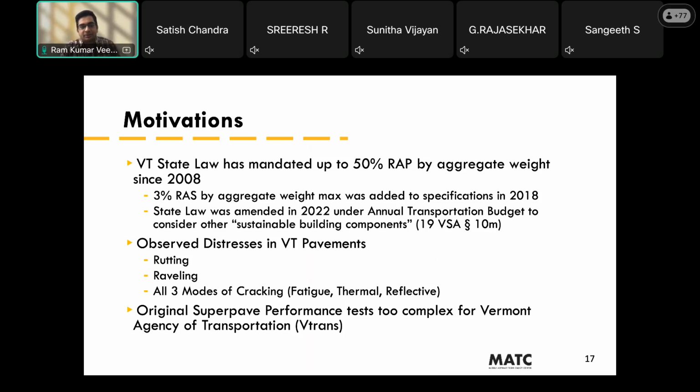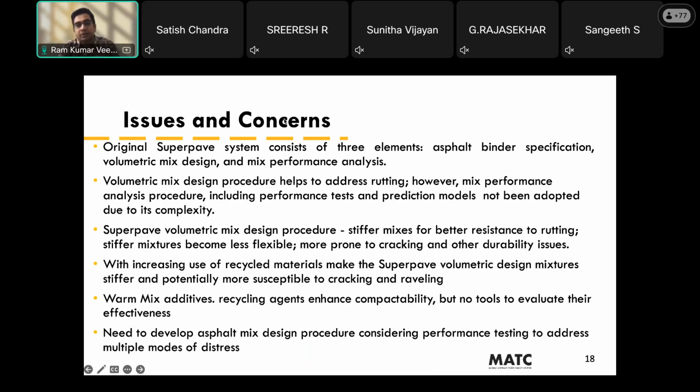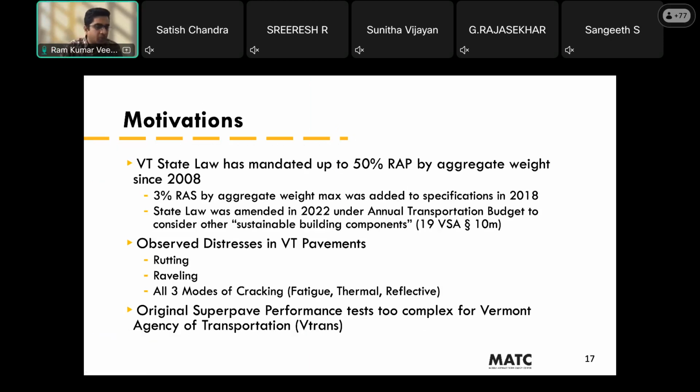So one of the reasons why VTrans was moving towards balanced mix design is that Vermont state law had mandated the use of up to 50% RAP by aggregate weight since 2008.